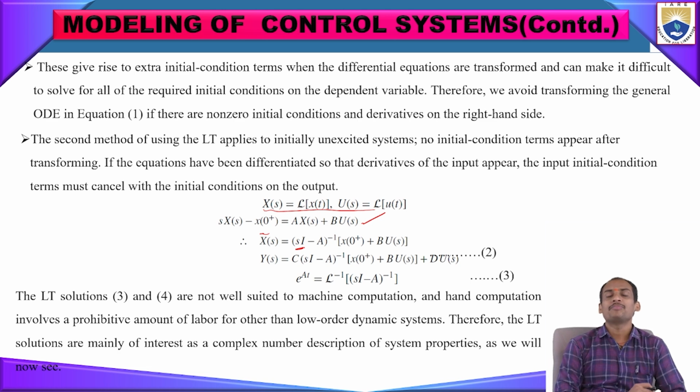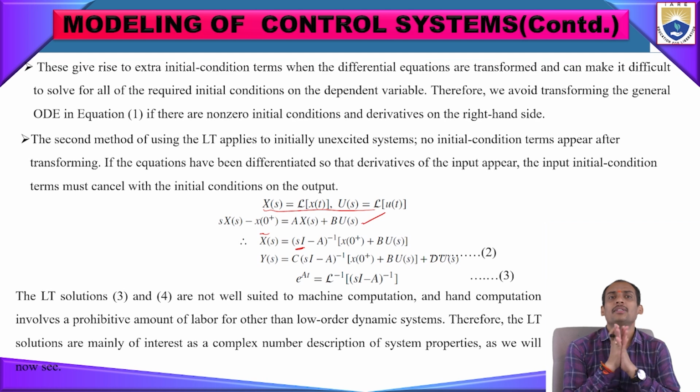Like here, if we form a matrix and submit it with sI, then the adjoint matrix, if you calculate it, we will get a big solution. But that solution is a laborious process to solve, and even for a lower order dynamic system it will be very difficult to get the solution.